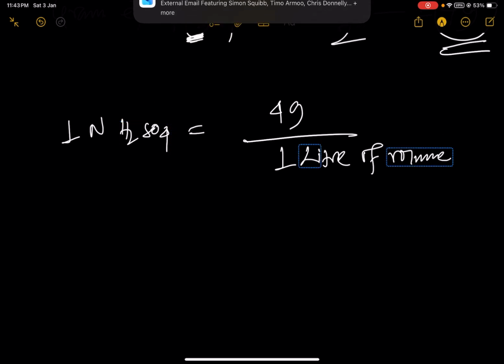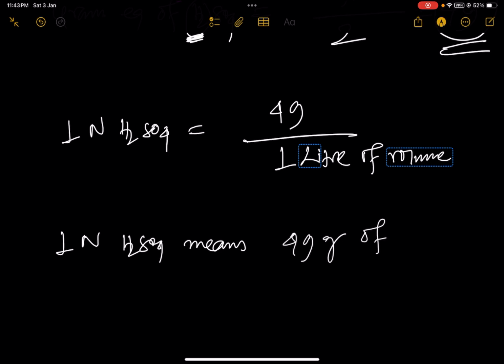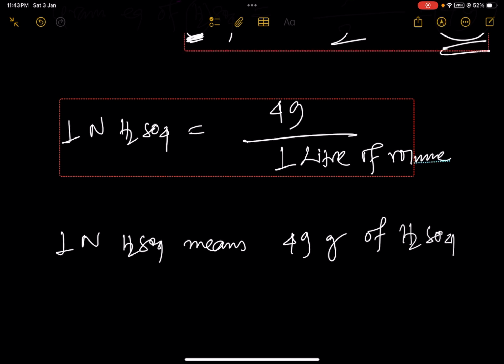Okay, so what we are getting from all of this: one normal H2SO4 means 49 grams of H2SO4 powder in 1 liter.